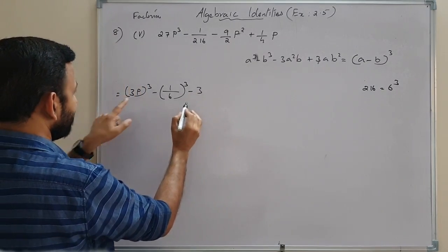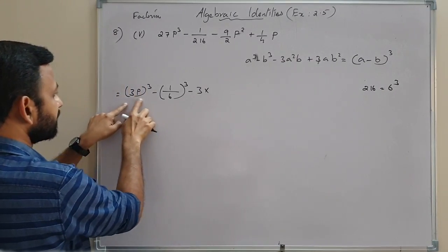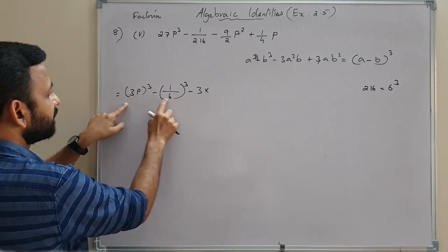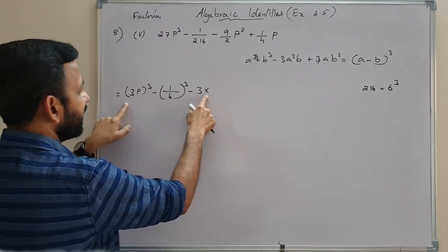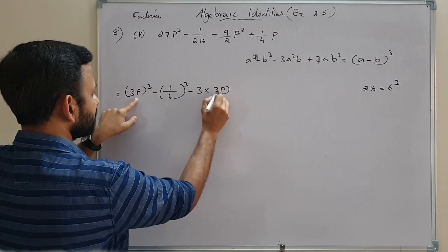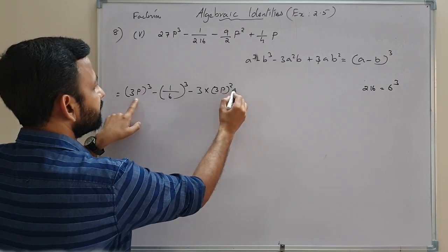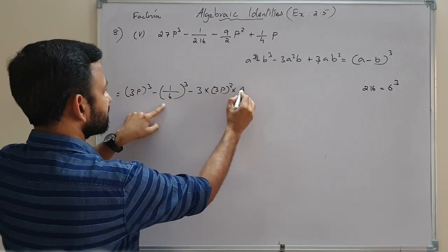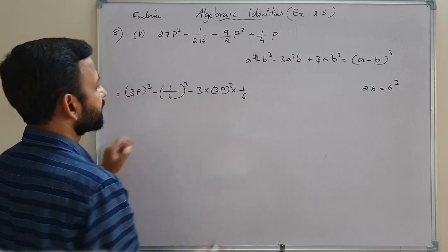Here a is 3p and b is 1 by 6. So 3a square is 3p whole square into b, 1 by 6. We need to verify this one.